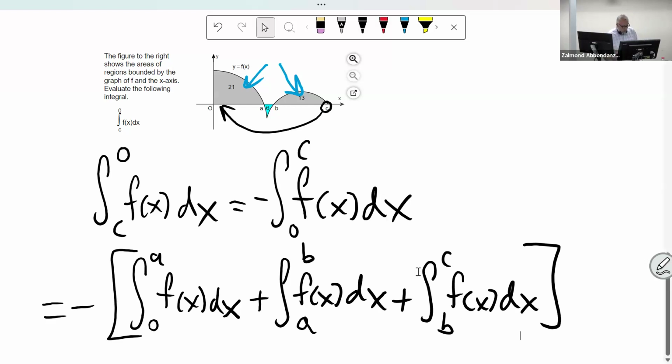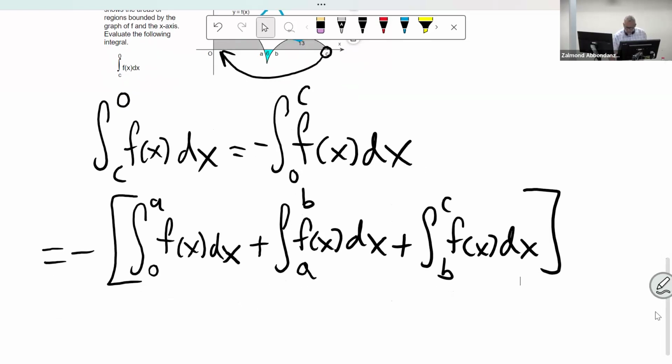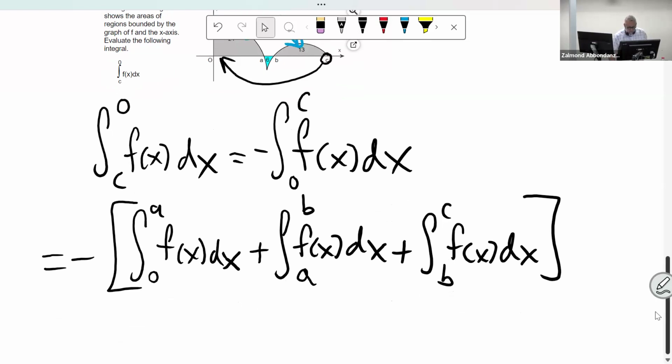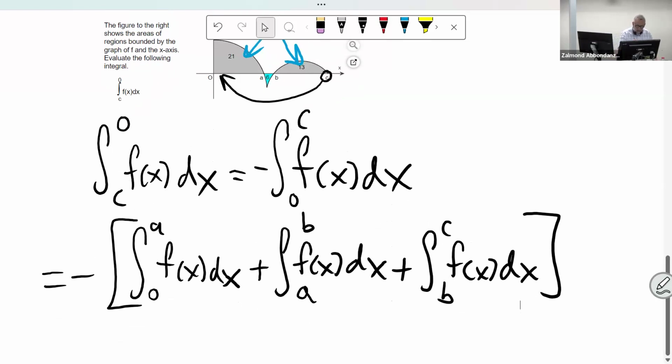All right, so now we have the information that we need here. Let me see if I can just slide up a little bit. Okay, so we have equals, negative, and then inside the parentheses, this integral from 0 to a is going to be the same thing as the area.